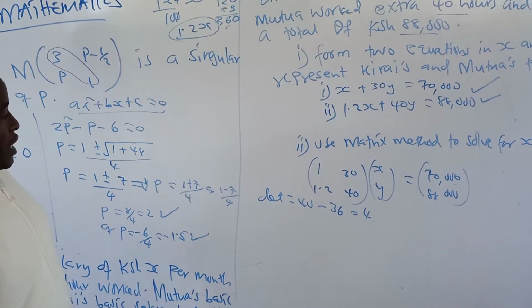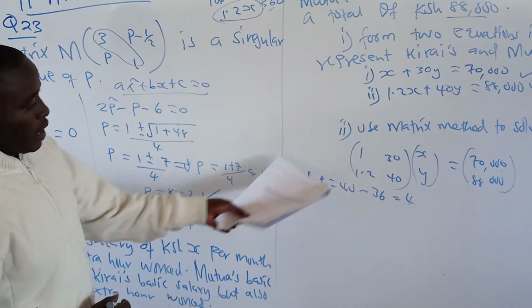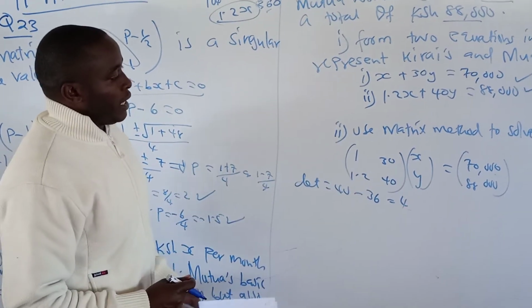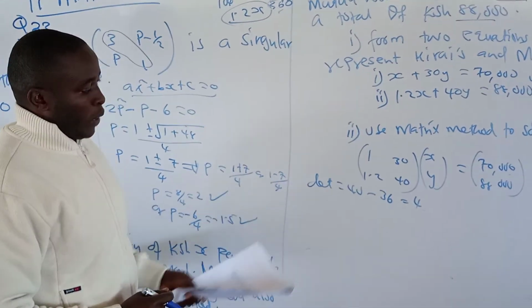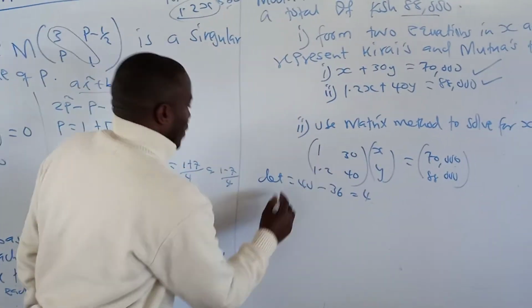And we know for us to solve, we are supposed to pre-multiply by the inverse on both sides. So we find the inverse.